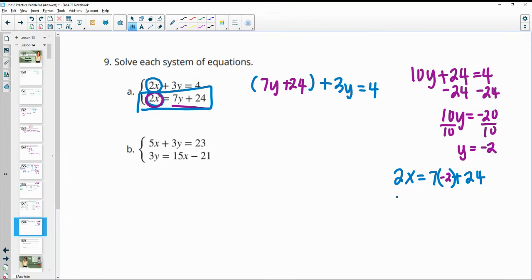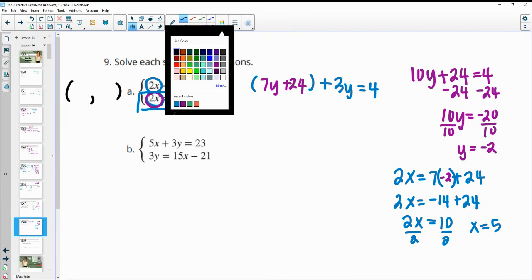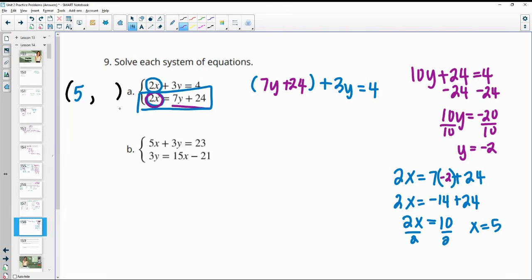So then we get 2x equals negative 14 plus 24. So 2x is equal to, and negative 14 plus 24 is 10. And then we'll divide by 2, and we get x equals 5. So our solution for this first one is that x equals 5 and y equals negative 2.